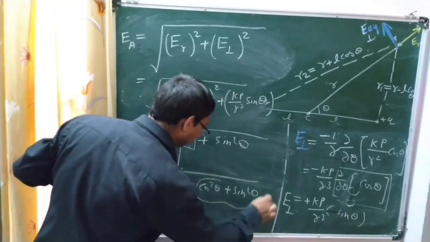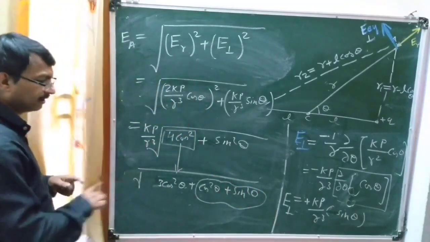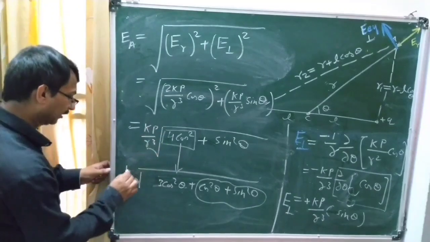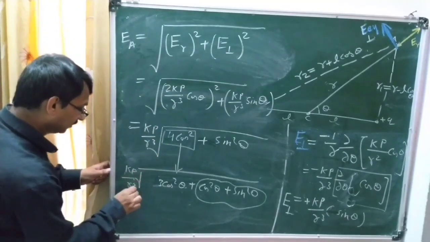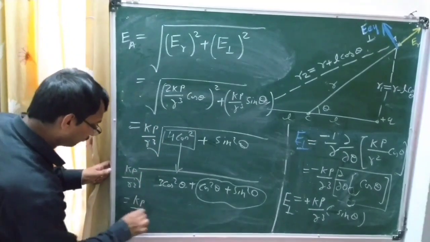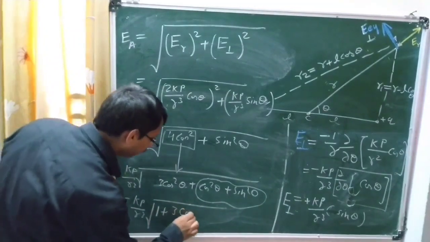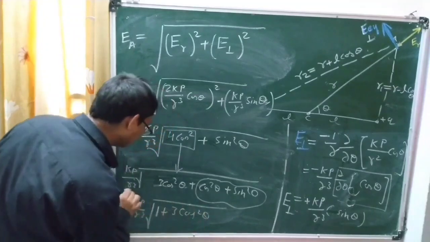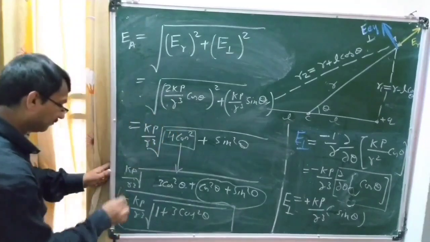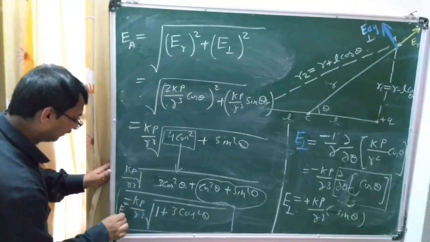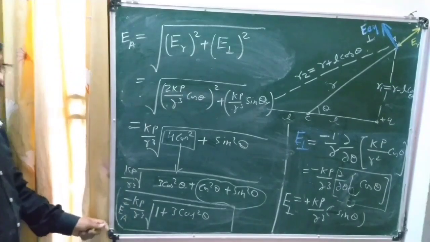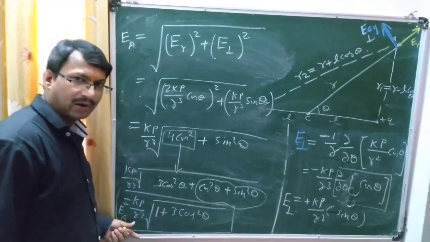This cos square theta plus sin square theta gives the result 1. With Kp upon r cube, you get the general result, Kp upon r cube root of 1 plus 3 cos square theta. So remember this formula. It is the electric field intensity due to a dipole at a general point.